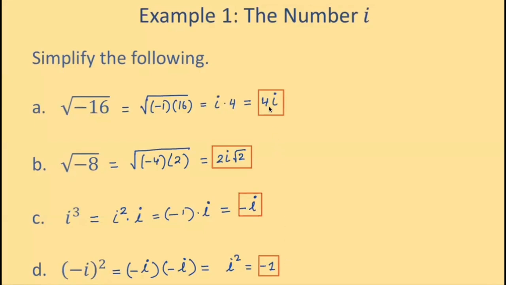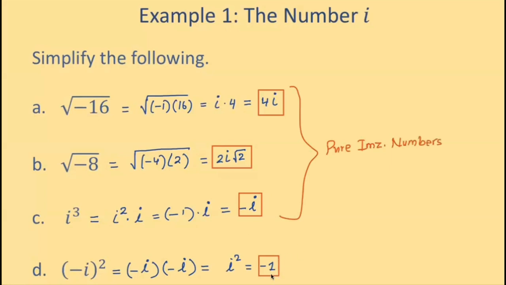And you can see that these first three answers, 1, 2, 3, they involve I. So these are the pure imaginary numbers. First, second, third, the answers we got there are pure imaginary numbers.